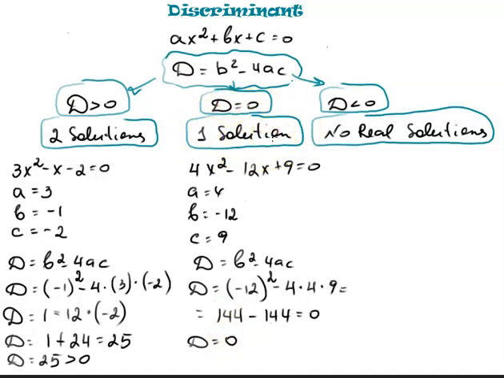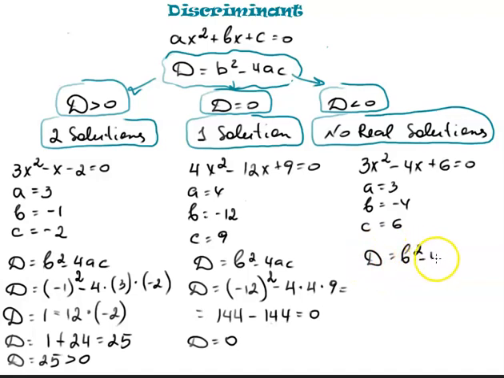And then one more example: 3x squared minus 4x plus 6 equals 0. In this equation, I have a equals 3, b equals -4, and c equals 6. Again, the discriminant equals b squared minus 4ac.